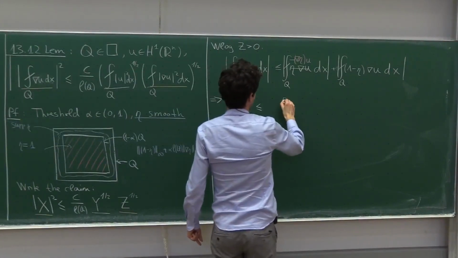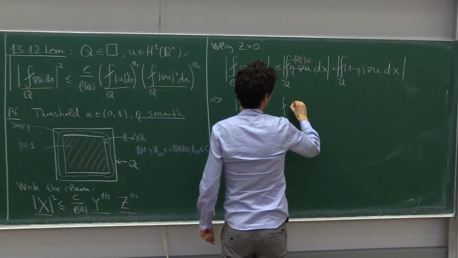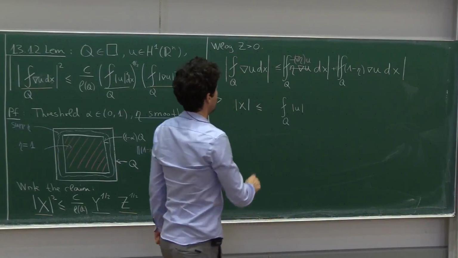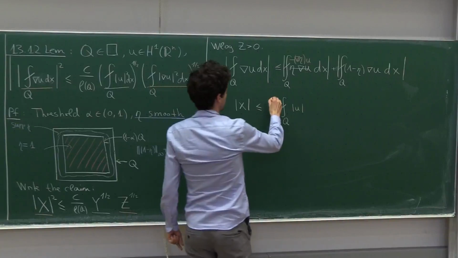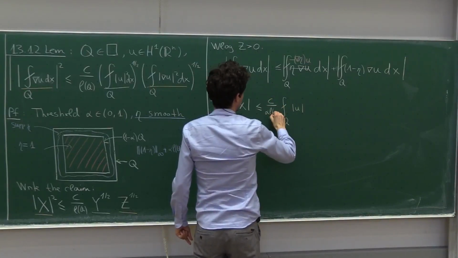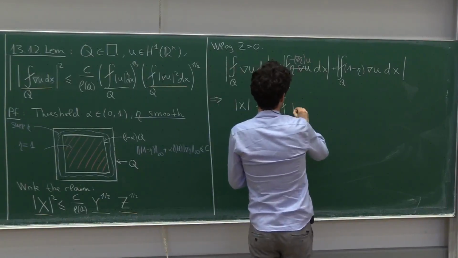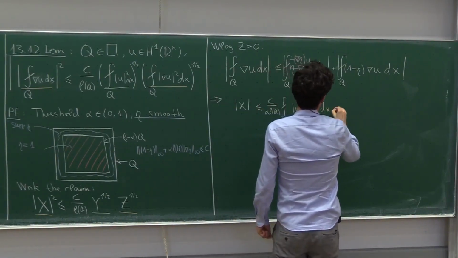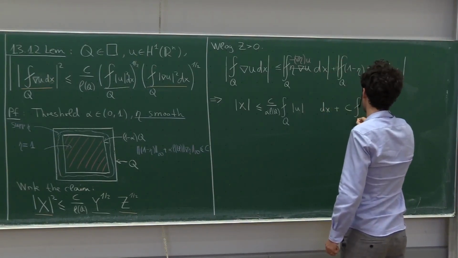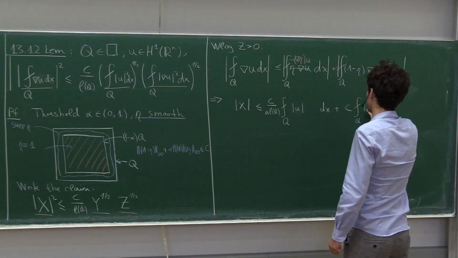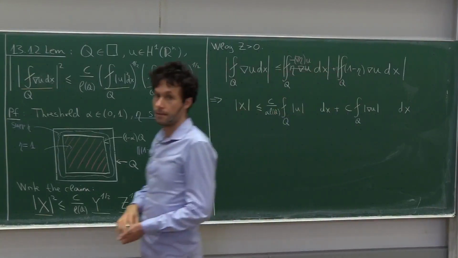It's going to be an integral average on Q, still, and then there's going to be a u, and then there's going to be the gradient of eta. The gradient of eta is bounded by a constant over alpha times L of Q. And the u I just keep. Fine. And then for the other term, it's going to be a constant times the average on Q of eta, gradient of u, dx. Agreed on that?